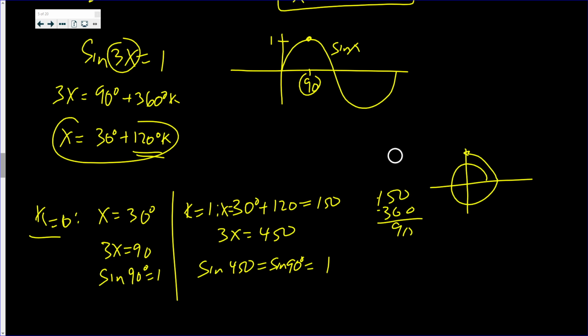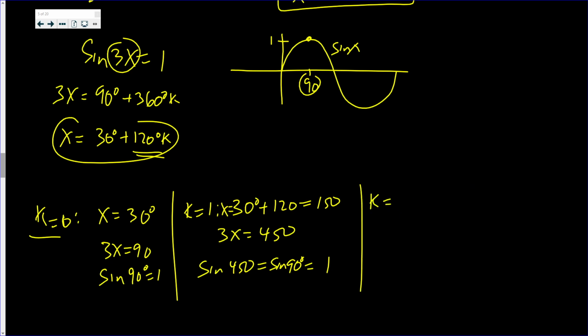What if, say, k is negative 1? So we have 330 minus 120, which is negative 90. So x will be negative 90, so 3x will be negative 270.